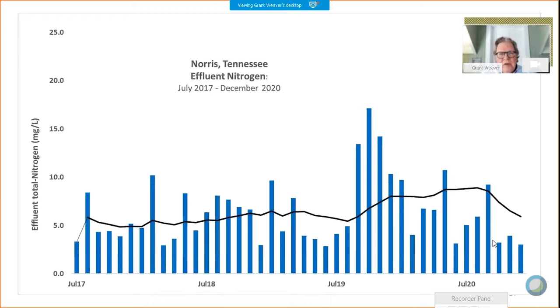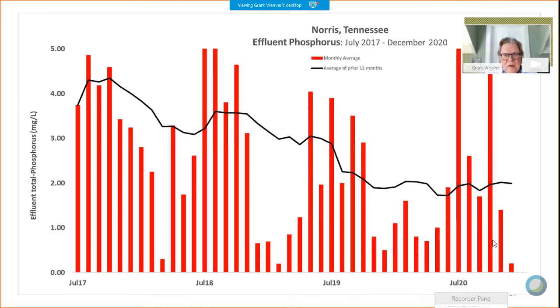Unfortunately, from a data crunching standpoint, we don't have data that precedes their efforts because they weren't even required to monitor for nitrogen. But this facility, as I'll show in a couple slides, was operated with the air on continuously as designed, and the nitrogen numbers were surely in the 20 or more milligrams per liter, and are now right in the 5 to 8 milligrams per liter.